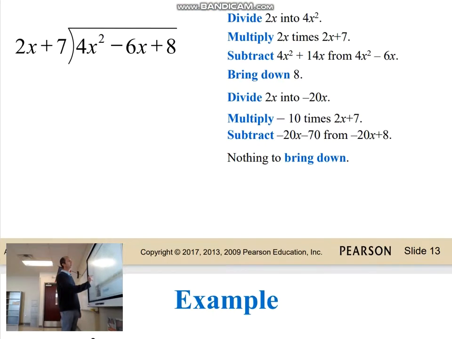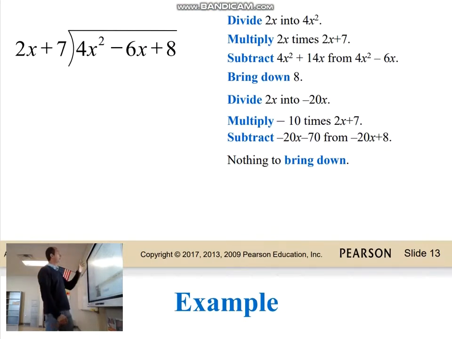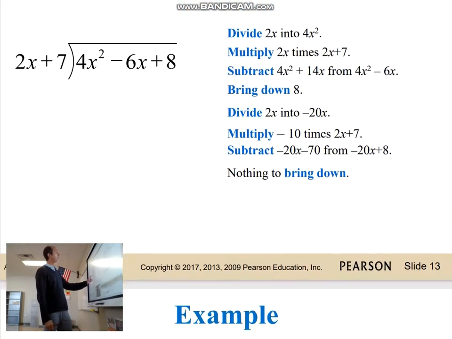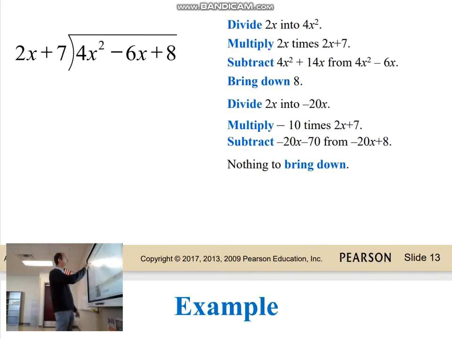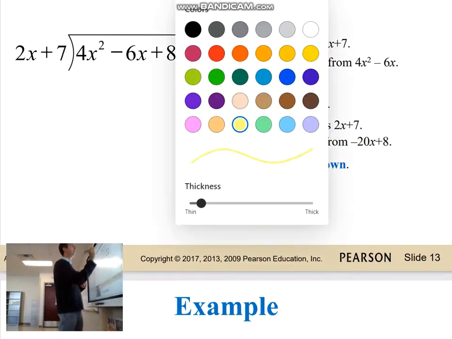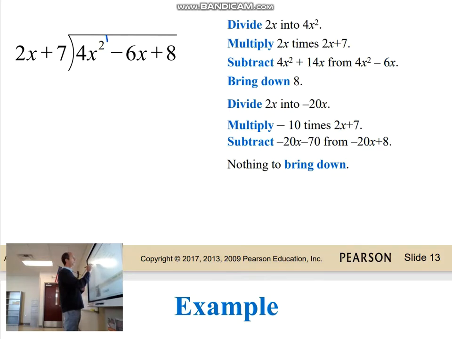And we have here the polynomial 4x squared minus 6x plus 8 that we will divide by 2x plus 7. And the first thing, we will divide 4x squared by 2x. The 4 divided by 2 is 2, x squared divided by x, x.